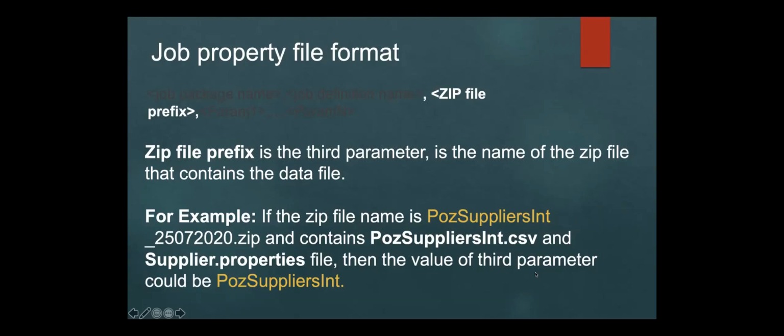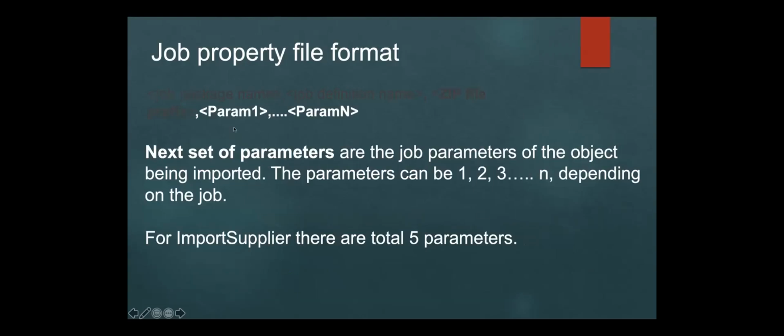So these are the three parameter values. Then param 1 to param N, the next set of parameters, are the job parameters of the object being imported. It can be 1, 2, or 3, depending on the job. For import supplier, there are a total of 5 parameter values which you need to supply here.